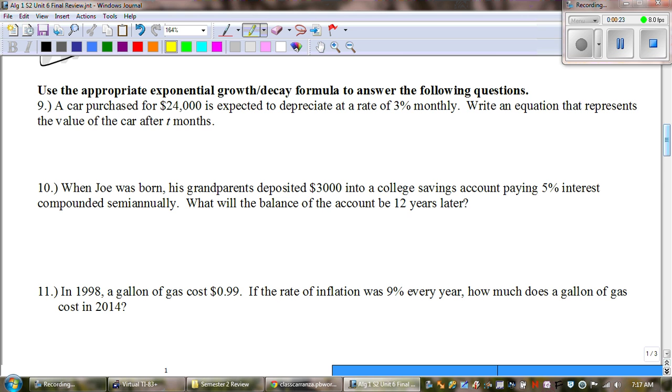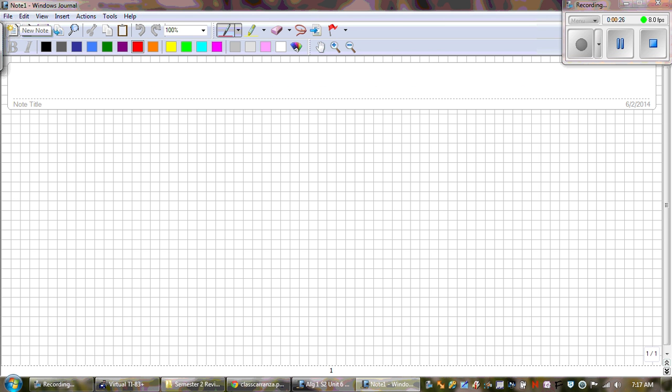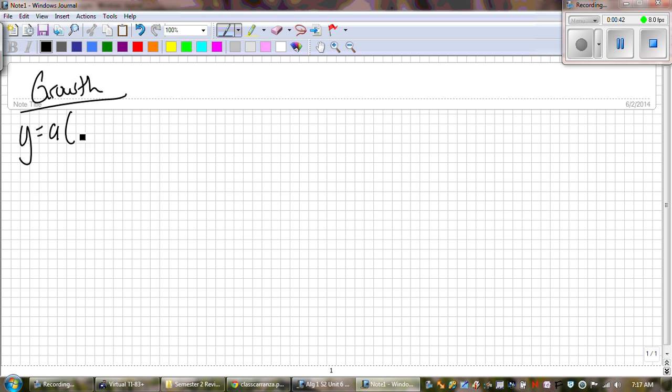There are 3 formulas that we talked about with the appropriate exponential growth and decay formulas. The first one we talked about was growth. The formula for growth is y equals a times (1 plus r) to the t power. We're going to talk about what those variables mean in a second. The decay formula was very similar, where y equals a times (1 minus r) to the t.